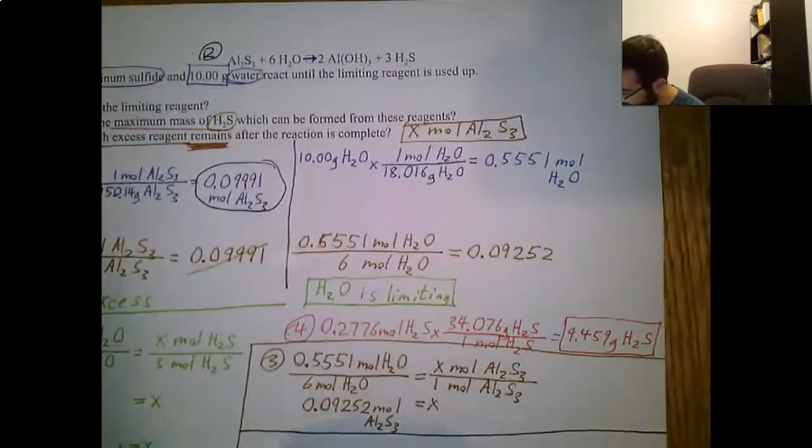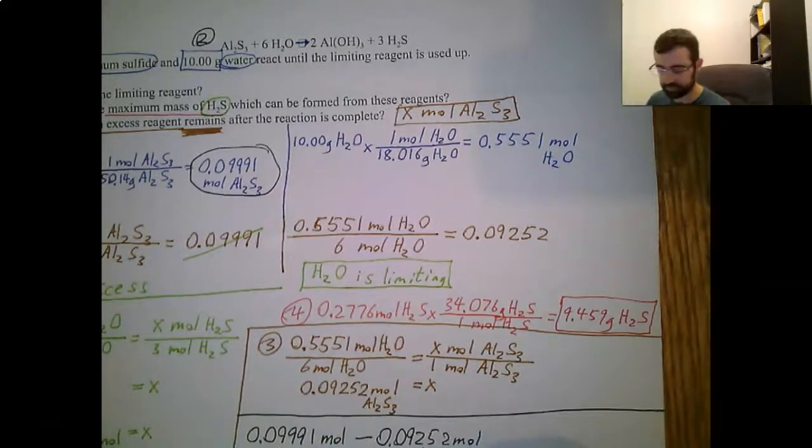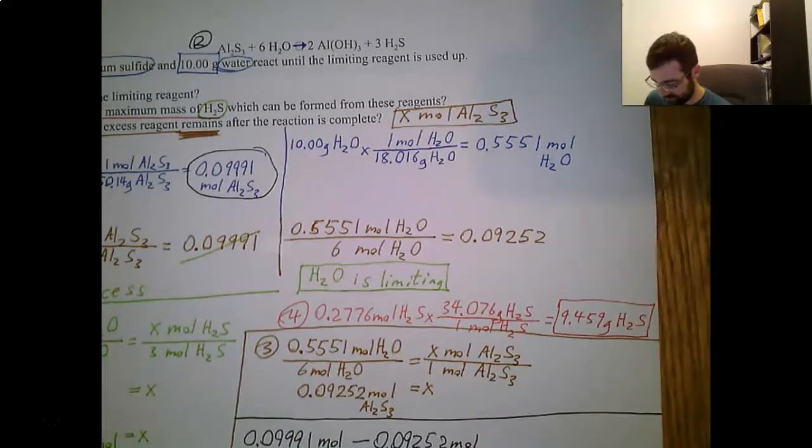So I'm going to say 0.09991 moles of Al2S3 minus the moles that I used, 0.09252 moles of Al2S3.